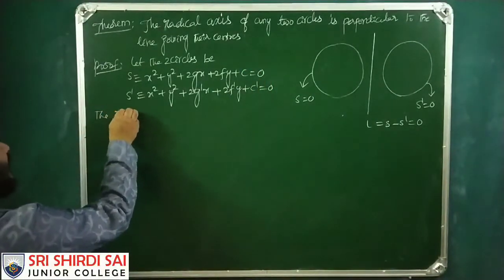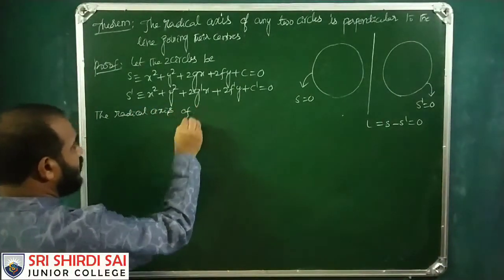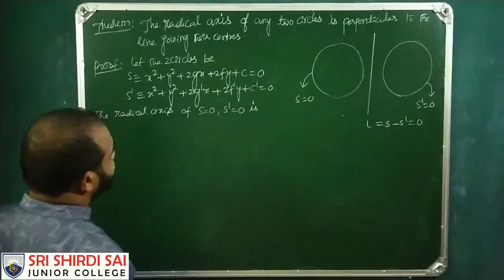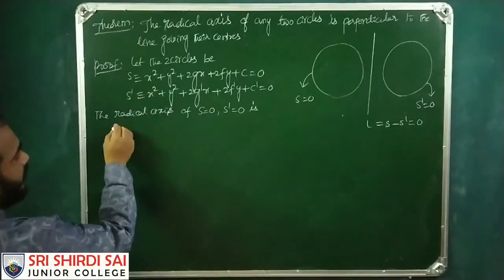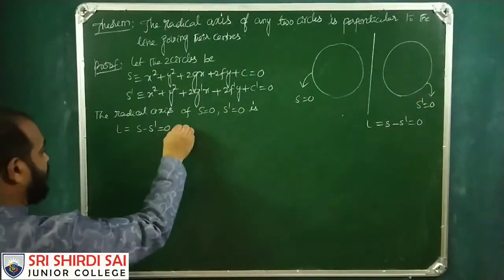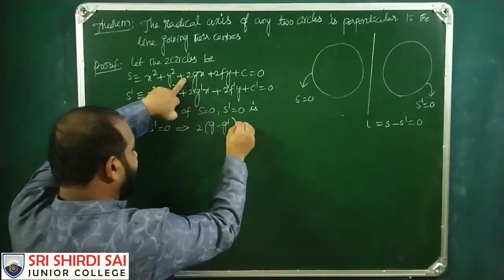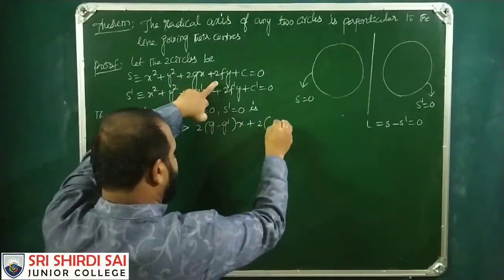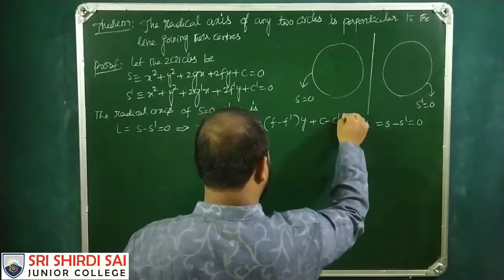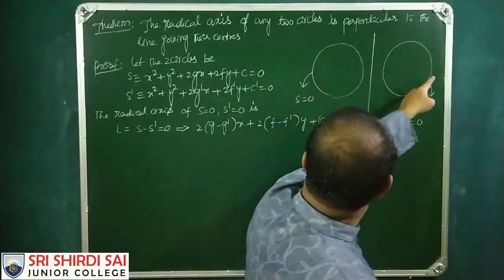So the radical axis of S equals to 0, S dash equals to 0 is S minus S dash equals to 0. That means 2 into (g minus g dash) x plus 2 into (f minus f dash) y plus (c minus c dash) is equals to 0. The radical axis of any two circles.